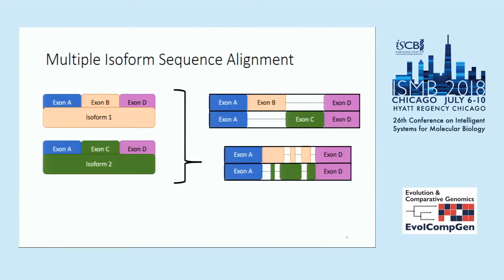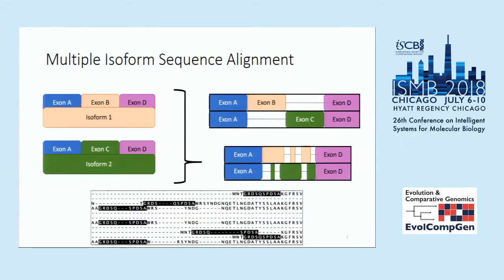The problem with traditional tools is that they will identify spurious matches between alternative exons and then construct alignments based on those spurious matches that involve short runs of gaps as well as mismatches. For example, we can look at this collection of SORBS2 isoforms where the highlighted exon has been misaligned by Clustal Omega in 4 different ways.